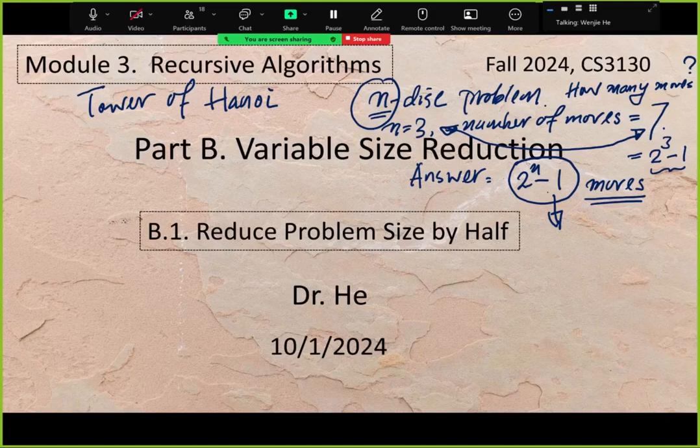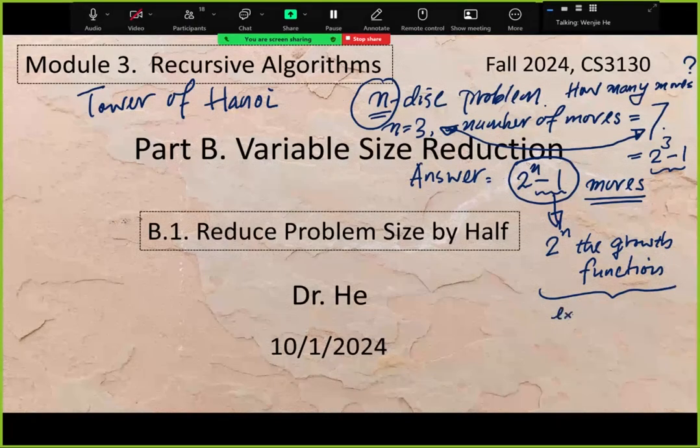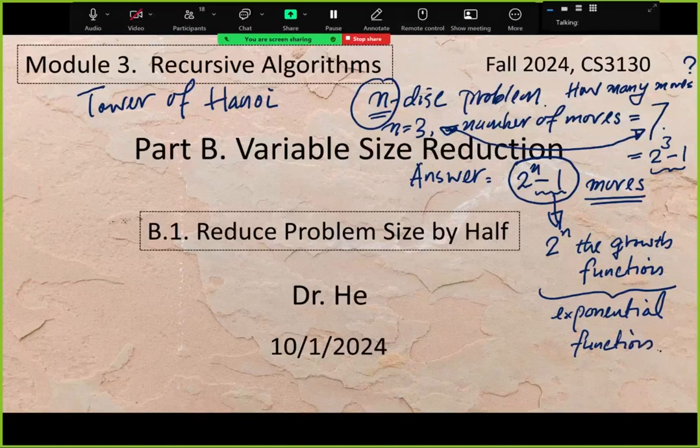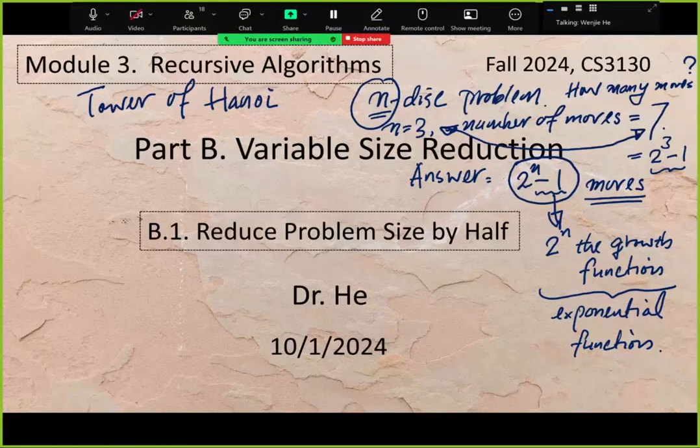We can drop the minus 1, right? So 2 to the n is the growth function. This is an exponential function. So you can see the number of moves increases very fast.